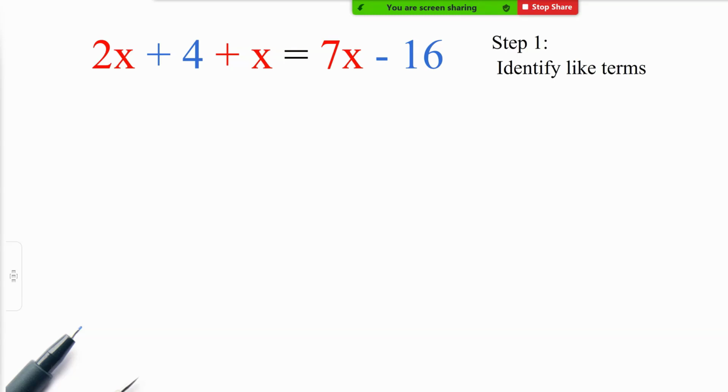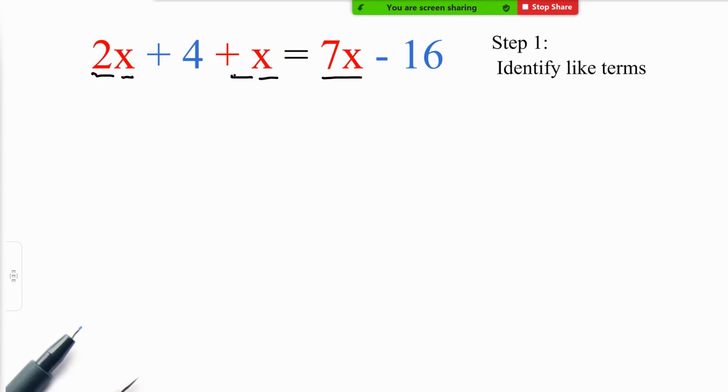Identify like terms. Now I want you to notice in red, I have highlighted the variable x. I have the coefficient 2 and then the variable x. I have 1x. You see the invisible 1? It's right there in front of the x. And we have 7x.